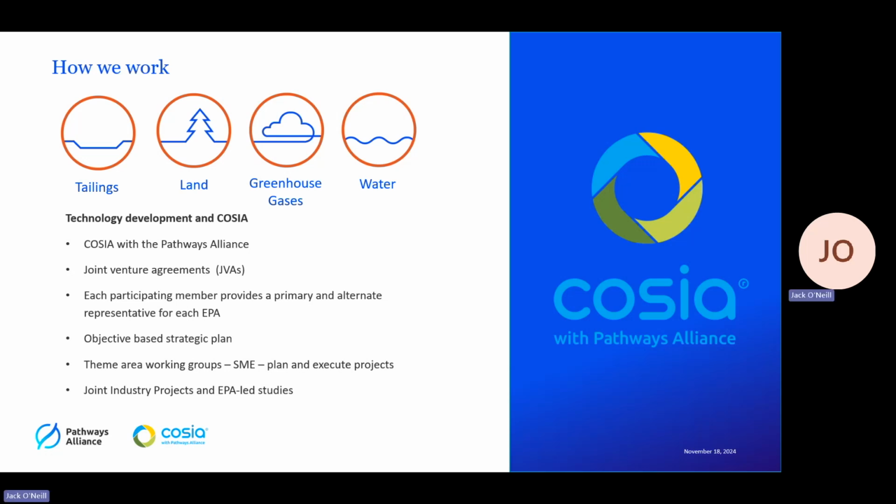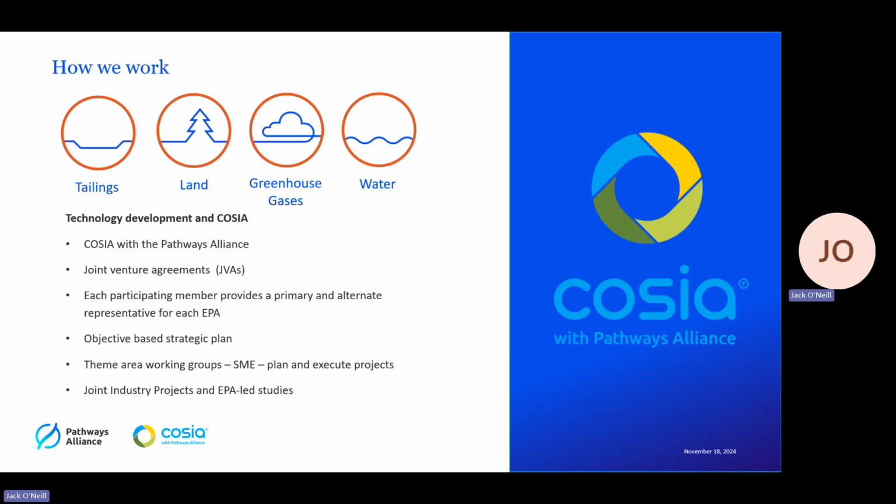Underneath each one of these EPAs, there are working groups of subject matter expertise to plan, develop, and execute projects. So projects are the fuel of COSIA. That's where the action happens, where work is done. There's 2 different types of projects. There's joint industry projects, 1 or more industry members getting together to develop a project and execute a project.